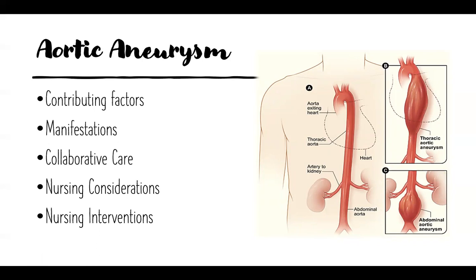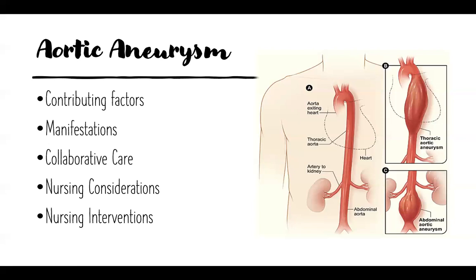So remember in health assessment when your teacher said use the bell of your stethoscope to auscultate for any bruits in the abdomen, this is what you were looking for, this aortic aneurysm. This aortic aneurysm is monitored until it gets to about 5 centimeters, okay? Once it's larger than that, the rate of rupture increases and surgery is usually required. So that's pretty serious there.